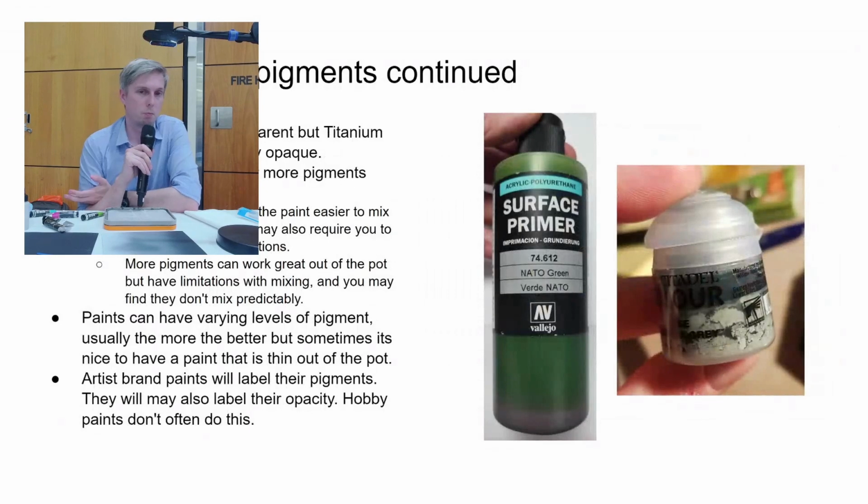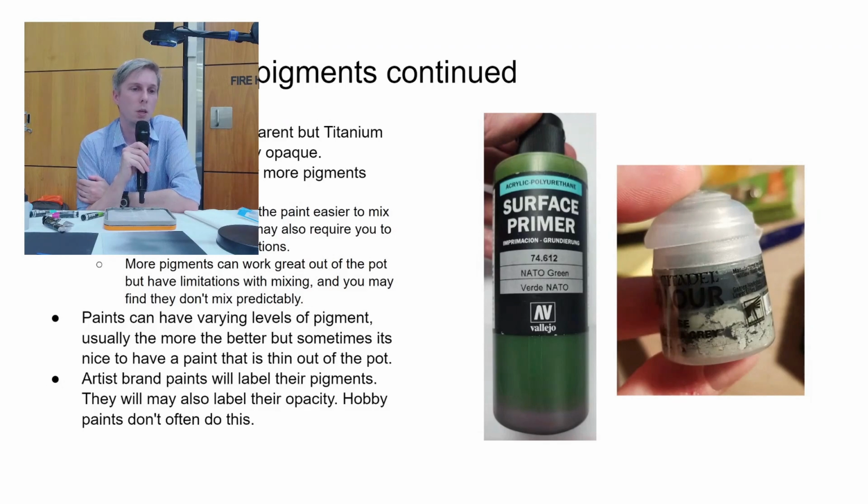Paints can have multiple pigments in them, which is worth doing because you won't always get the right color from just a single pigment. And then sometimes we can have complex pigment recipes to achieve a certain color. Sometimes we'll also have complex pigment recipes so that we can get a good covering, because some pigments come transparent, some are more opaque than others, but the opacity isn't easy to control.